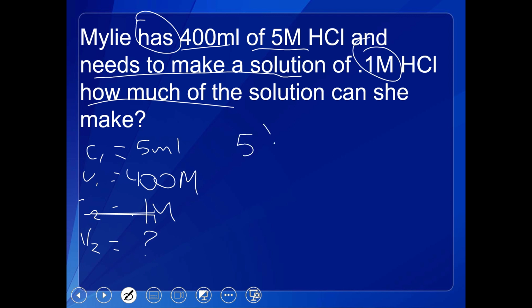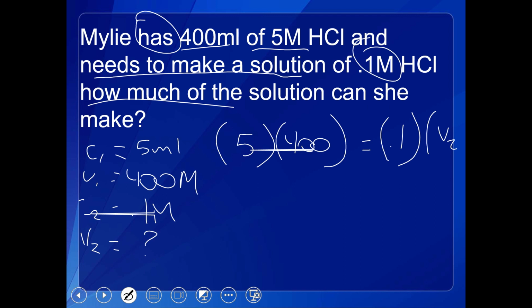Let's set up this equation. So 5 times 400 equals 0.1 times V2. All right, so 400 times 5 is going to be 2,000.